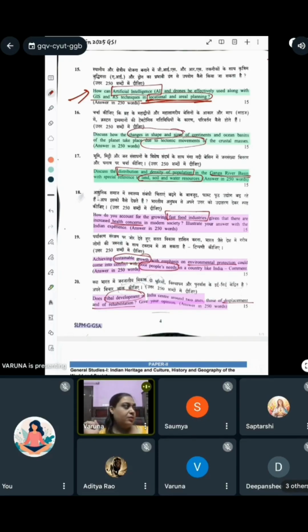We know the Mahakumbh was held really recently, and at that time, for planning the entire landscape, like all the temporary and permanent settlements, they used AI, GIS, and RS techniques. They used drones to map the region and plan the facilities and the entire infrastructure. So from there, this particular theme has been picked.